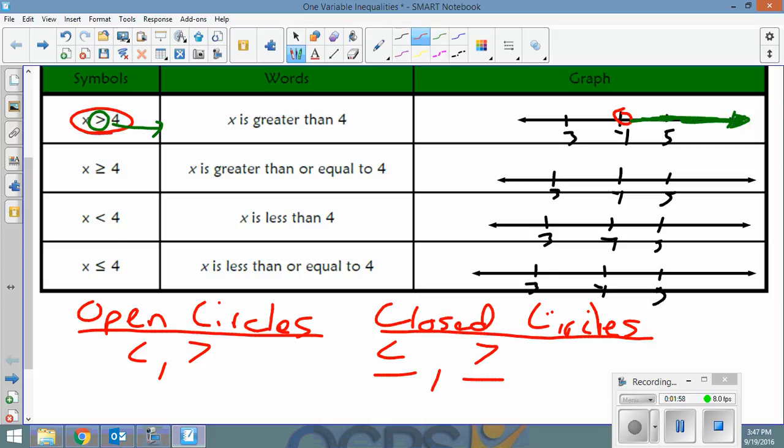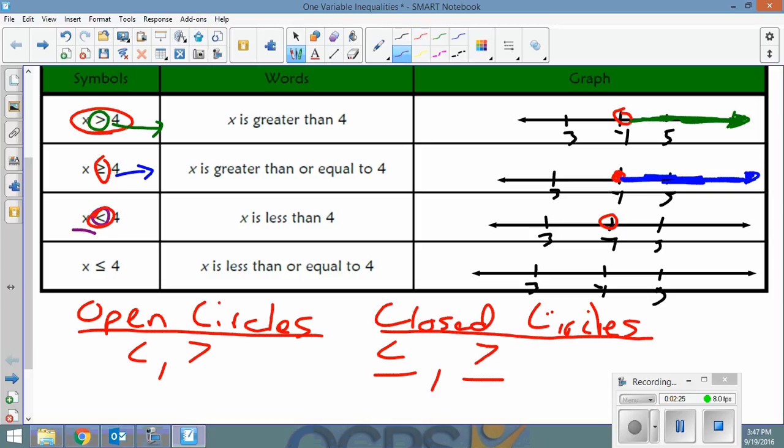Okay? So looking at the second one, that has a line underneath it, so that means at 4 it's going to be shaded in. And so this one is pointed to the right, so that means I'm going to shade to the right from that circle. Okay. This one, see how it's an open circle, it doesn't have a line underneath, that means it's going to be open at the number 4.